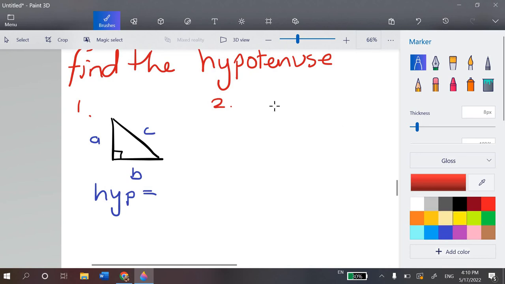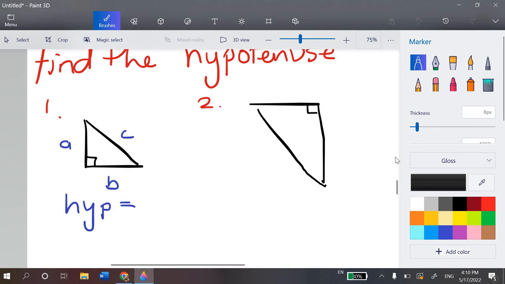Question 2. X, Y, Z. And the hypotenuse is which side? Okay, you can pause the video, take these down, do the question.